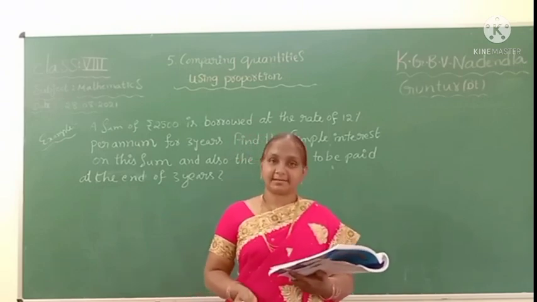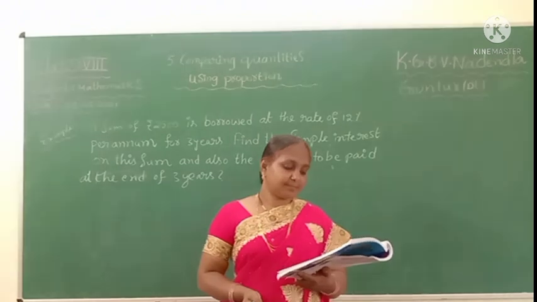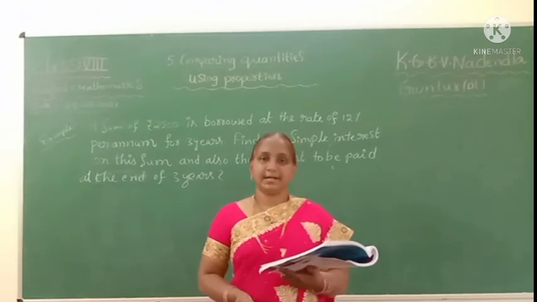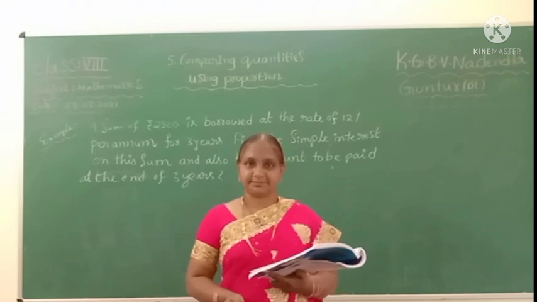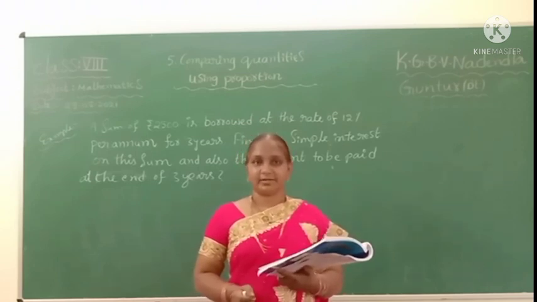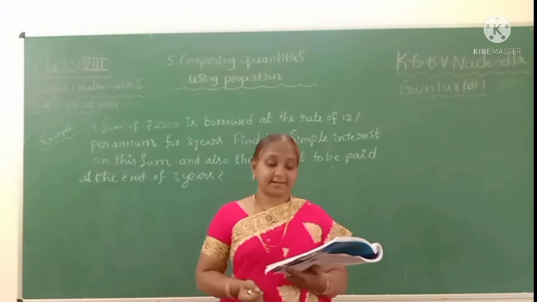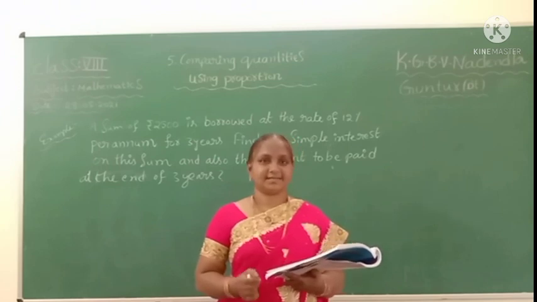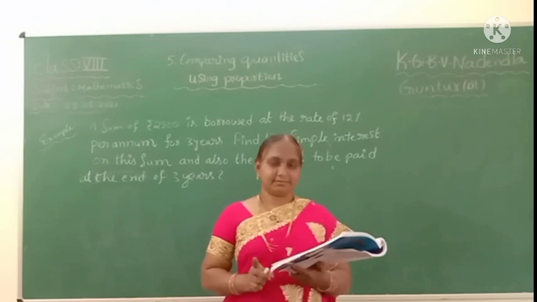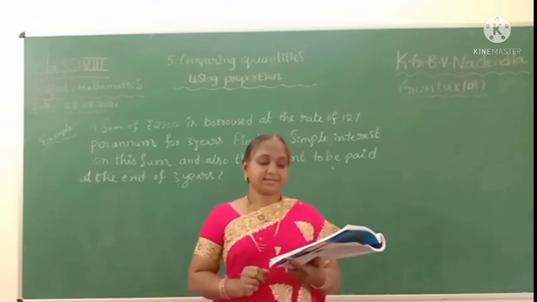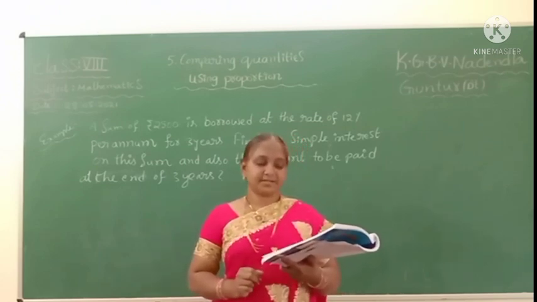When the interest is calculated uniformly on the original principal throughout the loan period, what do you call such an interest calculation? It is called simple interest. You already learned this in 7th class. It is also an increased percent on the principal.